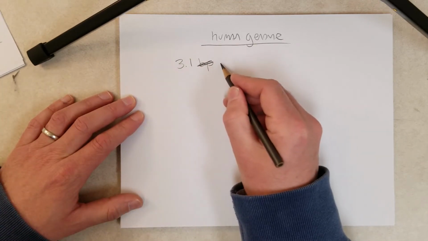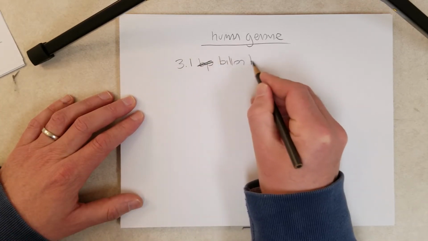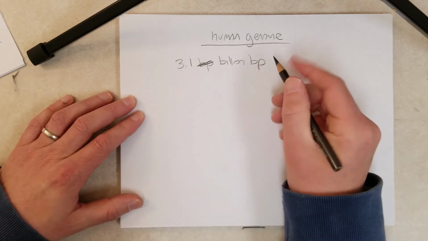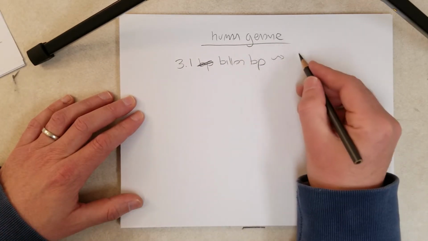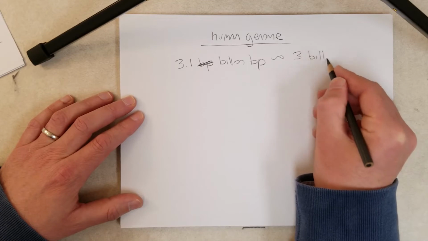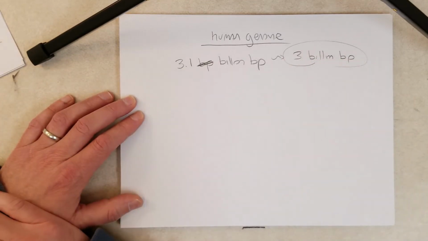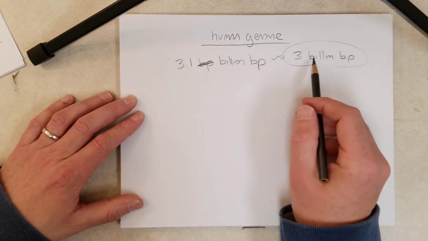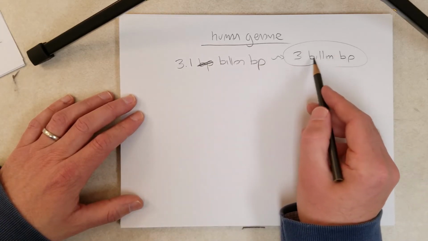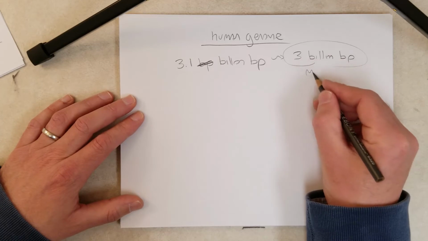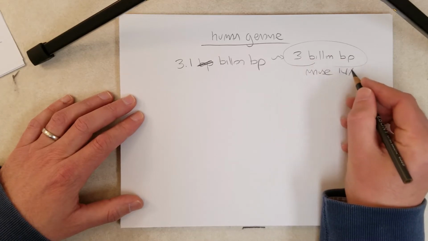3.1 billion base pairs. And interestingly, the genomes of most mammals are about 3 billion base pairs. We don't really know why most mammals have similar sized genomes. Even mouse is about 14% smaller.